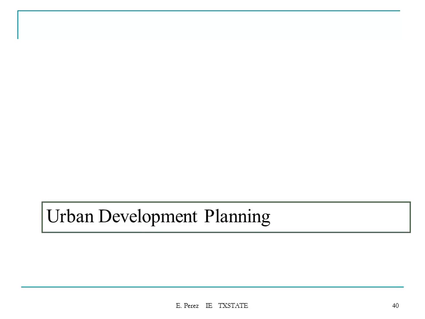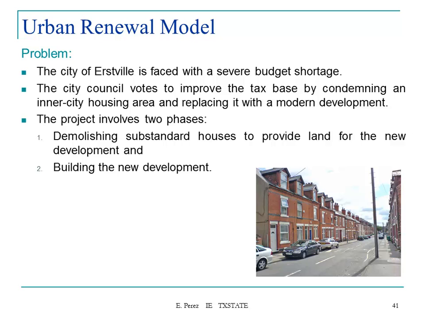This is the urban development planning problem. In this problem, what we are looking at is the city budget. The city is facing a very severe budget shortage, and the city council votes to improve the tax base by condemning an inner city housing area and replacing it with a modern development.